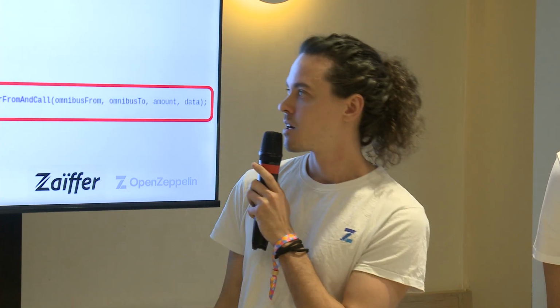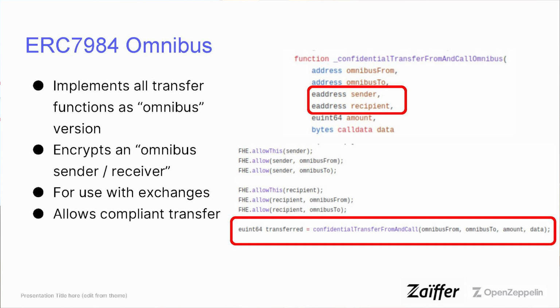But they could say, hey, these funds are coming from this account and going to this account, and then off chain that exchange knows to credit those accounts. So yeah, it's all about compliance. Sadly, we still have to pay attention to that. But I've just highlighted here the encrypted sender, this E, and the encrypted recipient. But as you can see down here, it really just is a regular confidential transfer from and call using the plain text omnibus from and omnibus to addresses.